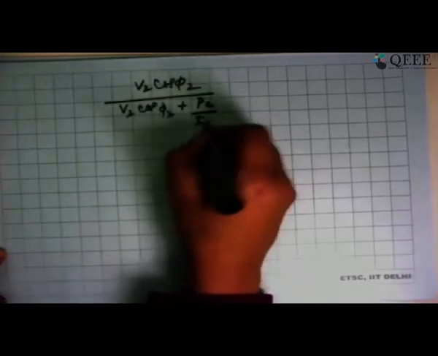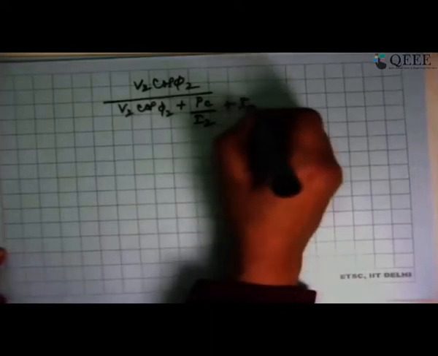So let me write it again. I have V2 cos phi 2 divided by V2 cos phi 2 plus PC divided by I2 plus I2 R equivalent. This is what efficiency is.